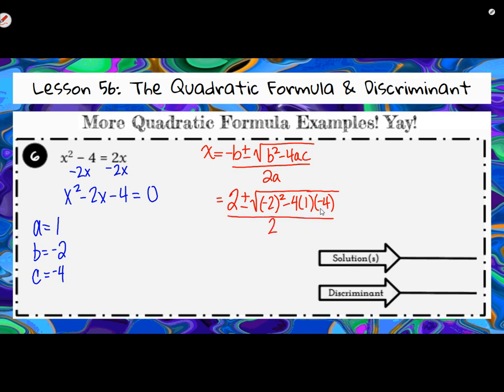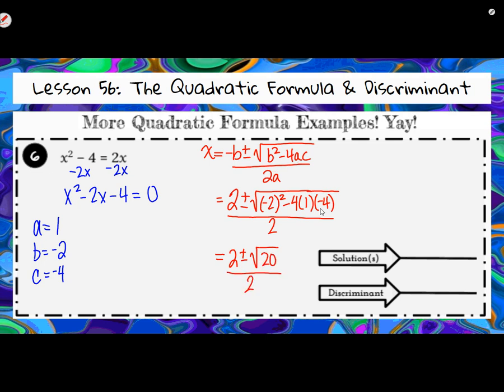All right, so let's get that discriminant figured out. Grab my calculator. All right, so I've got -2 squared minus 4 times 1 times -4. You can shove it all in a calculator. So I get 2 plus or minus the square root of 20 all over 2.